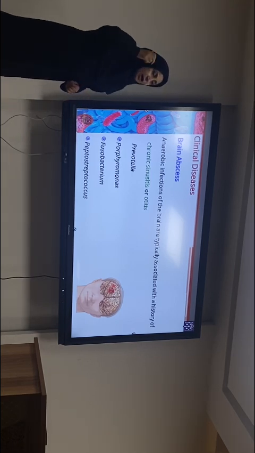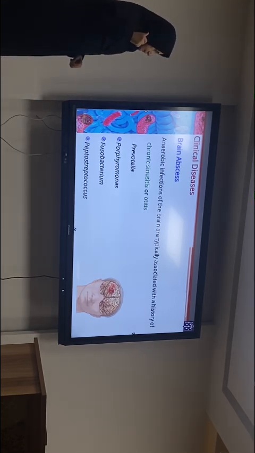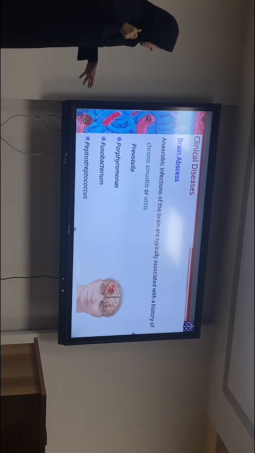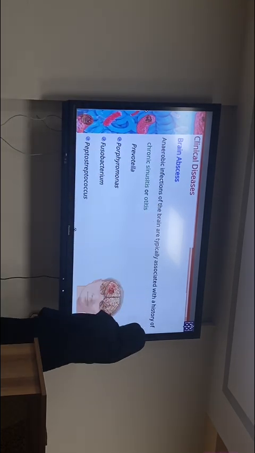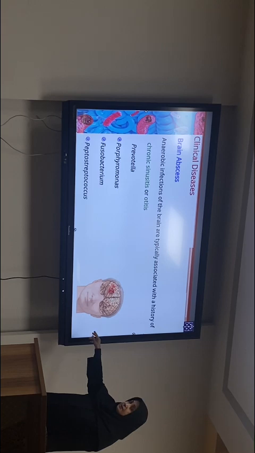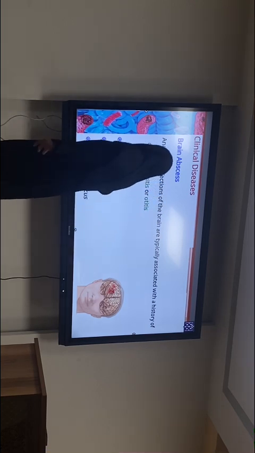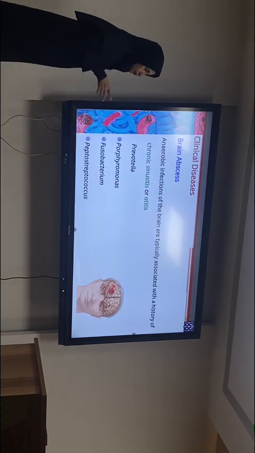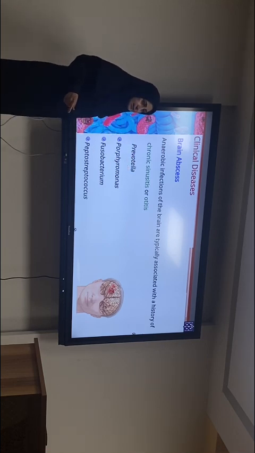Brain abscess. These bacteria can cause brain abscess, and the anaerobic infections of the brain are associated with chronic sinusitis and otitis.